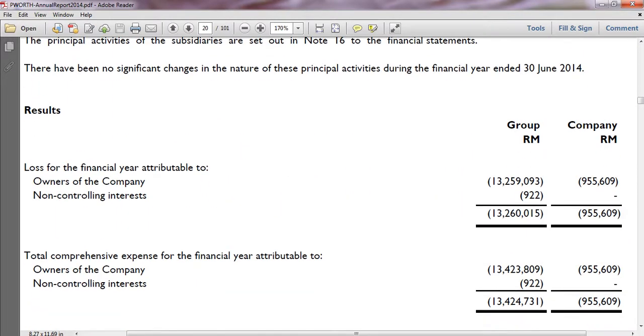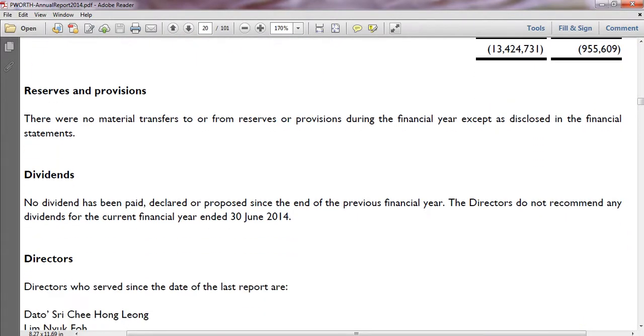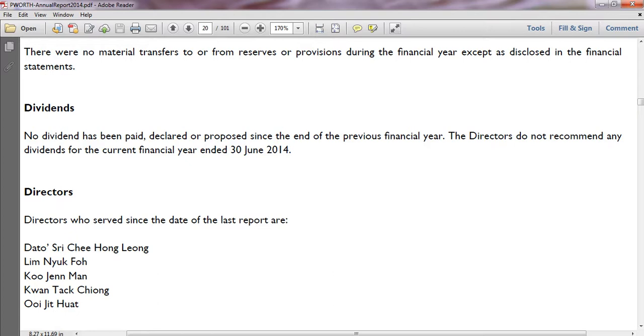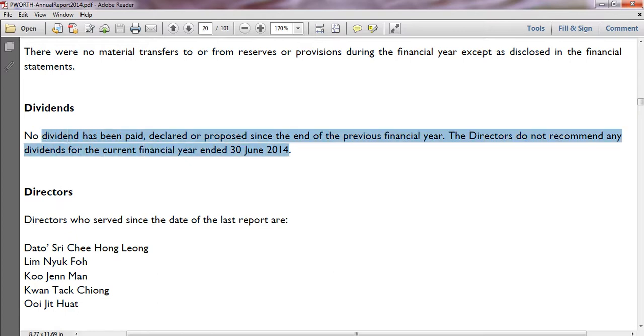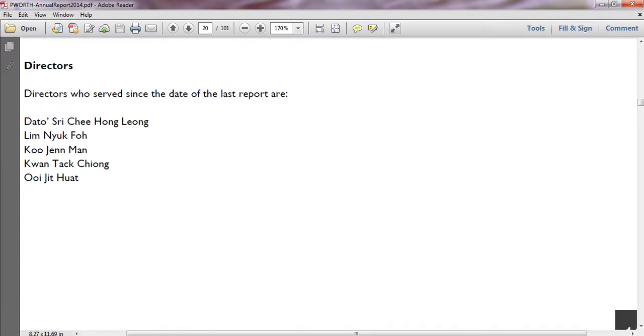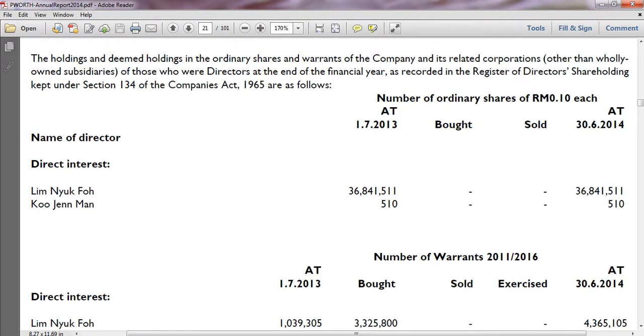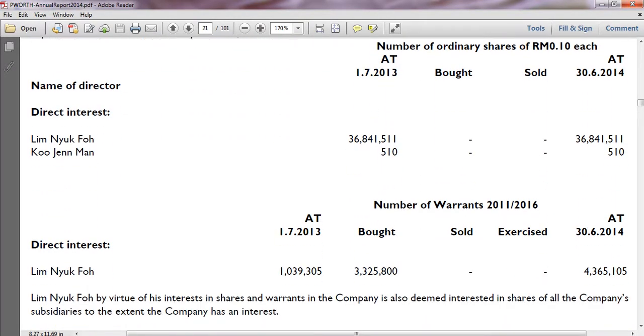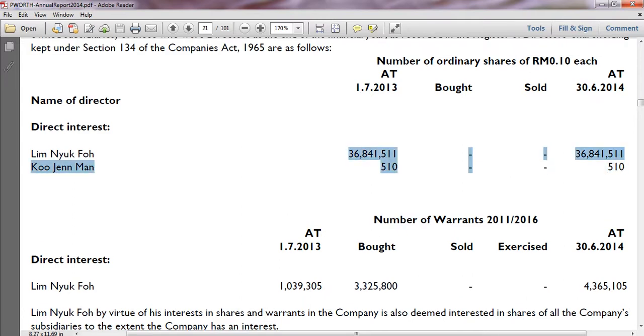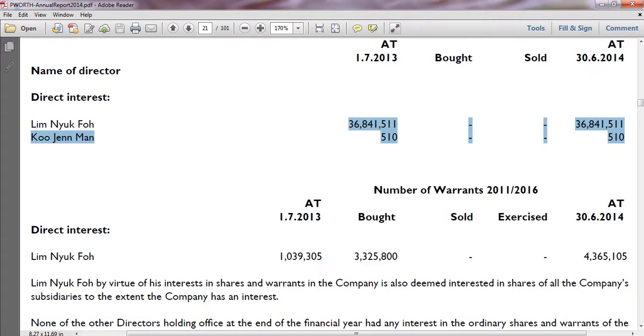Director's report. Dividends for the current year. Okay, so there are no dividends. Director's report. They are not buying any shares over the last year, from 2013 to 2014.